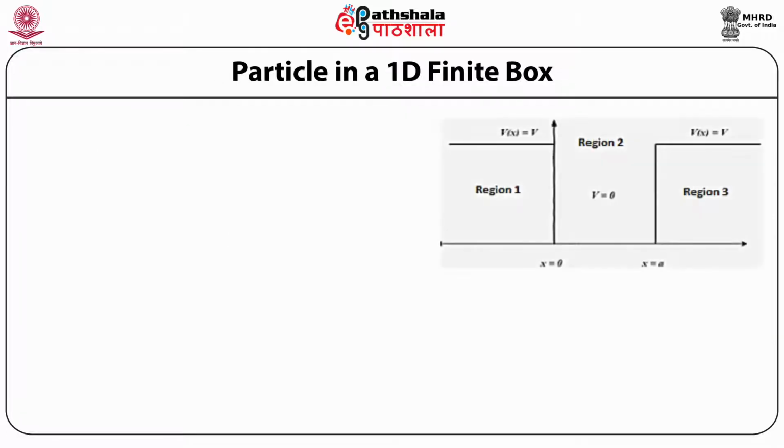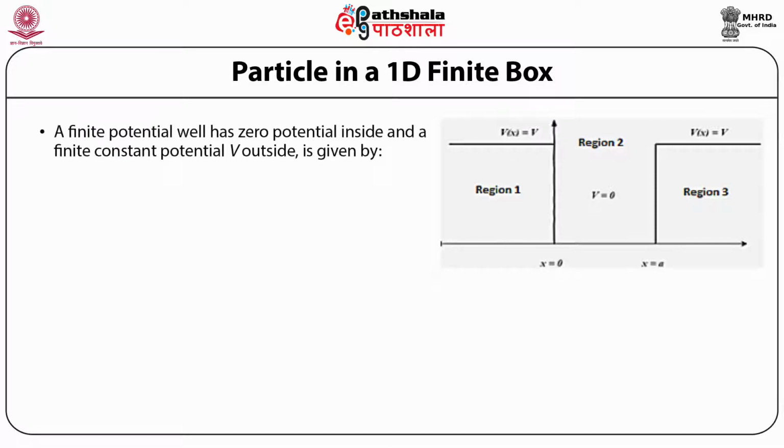Particle in a one-dimensional finite box. Students, from quantum mechanics we know that as the potential is 0 inside a box, the solutions in the box region will be wave-like, and in the barrier region the solution will be exponentially decaying.